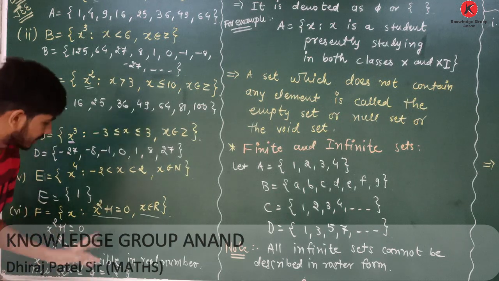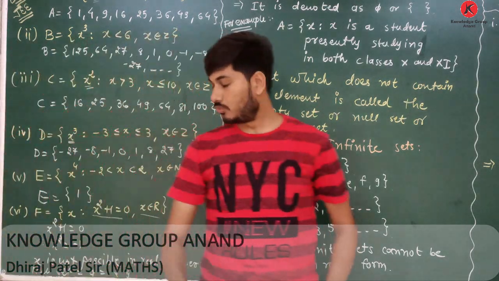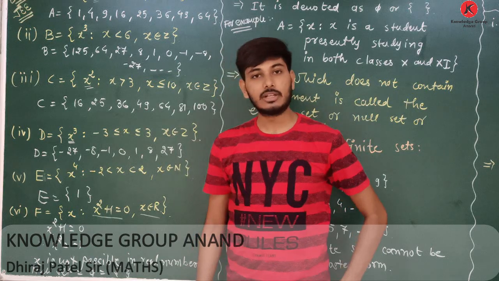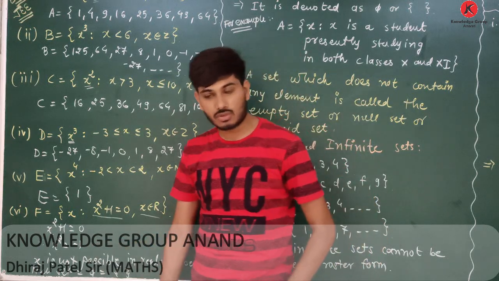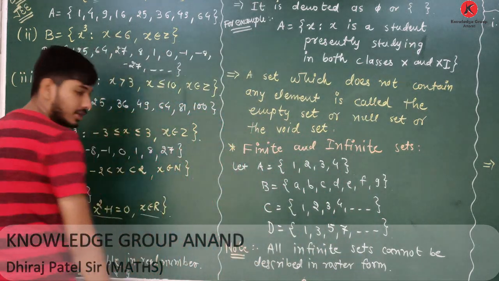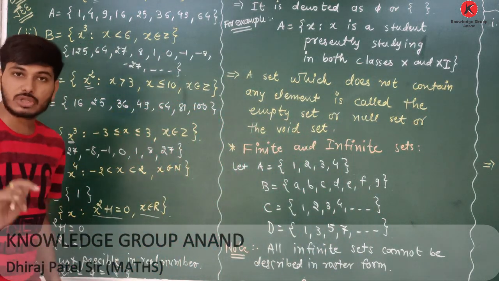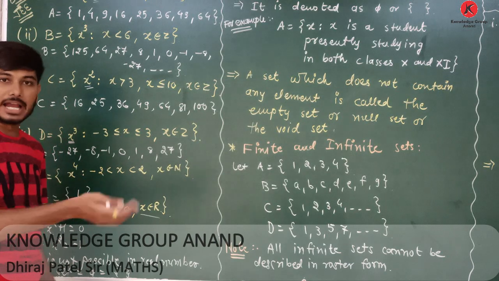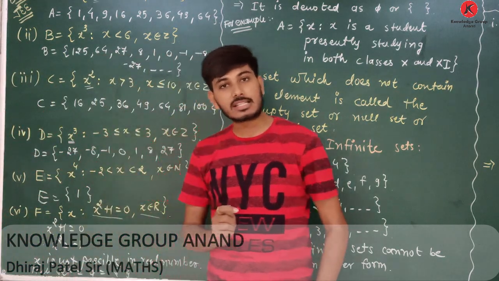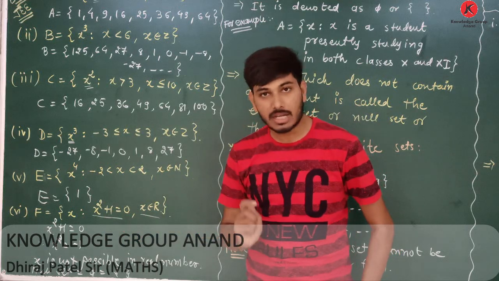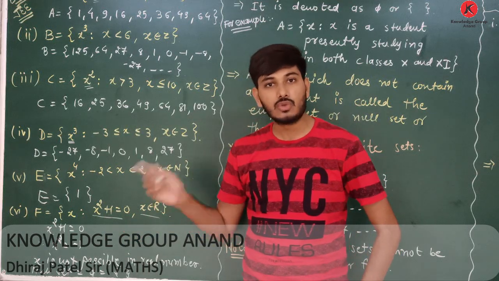Clear? The second method is the general formula method. Compare this equation with ax square plus bx plus c equals 0. Then you will get a equals 1, b equals 0, and c equals 1. By using that, find the discriminant D equals b square minus 4ac. B square means 0 square, 0, minus 4 into 1 into 1.